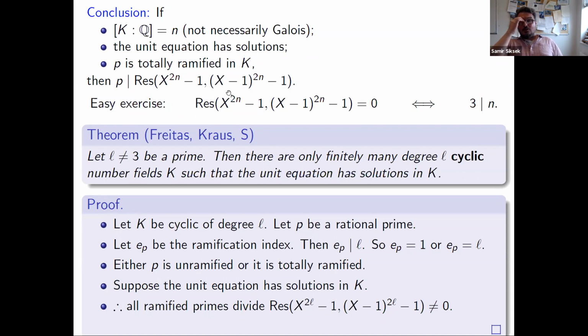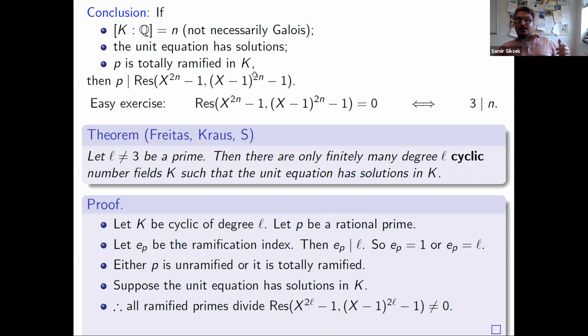Now, what you notice is that this resultant doesn't depend on K, it only depends on the degree of K. So if I fix my degree and I'm looking at all number fields of that degree, I calculate this resultant.